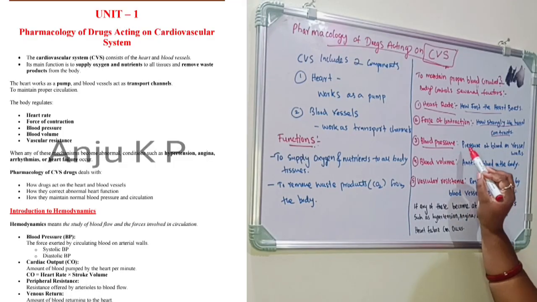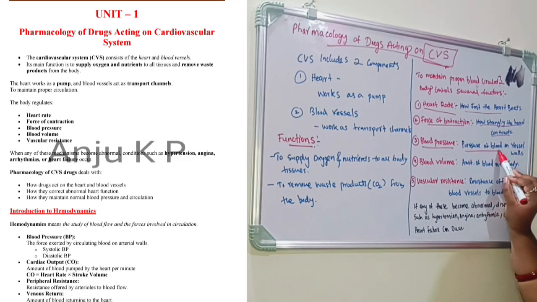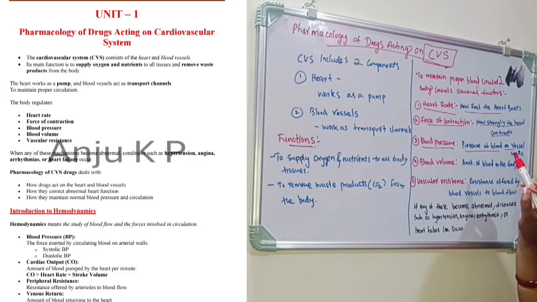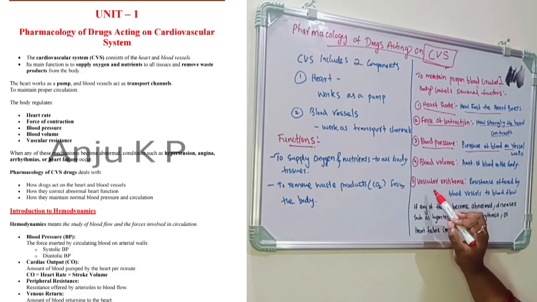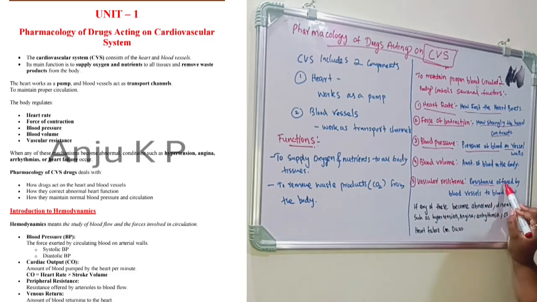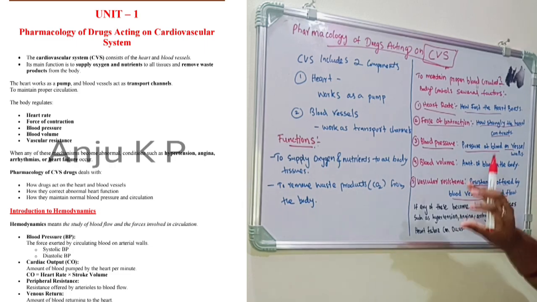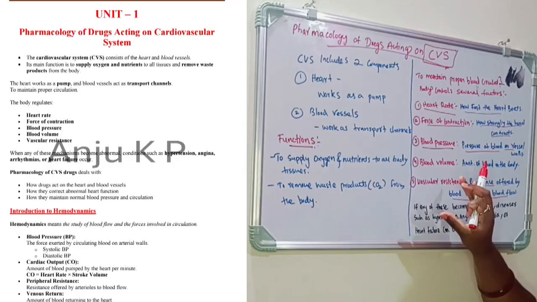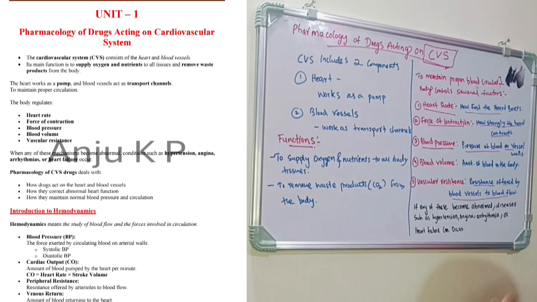Blood pressure is the pressure of blood on vessel walls. Blood volume is the amount of blood in the body. And vascular resistance is the resistance offered by blood vessels to blood flow.